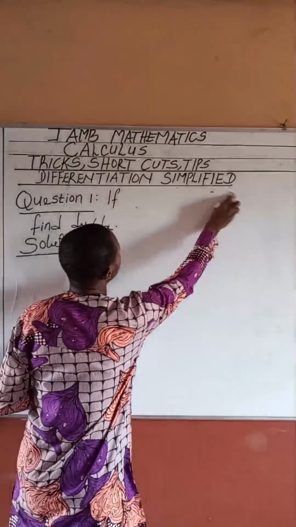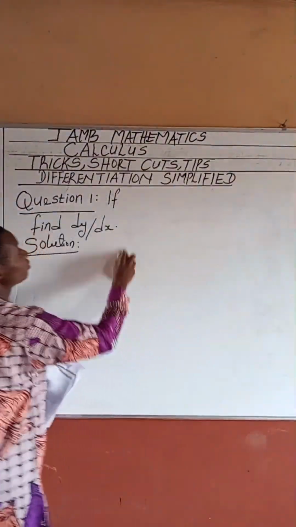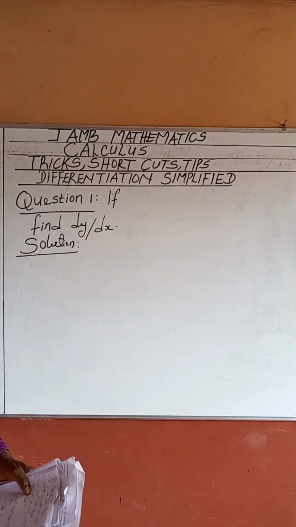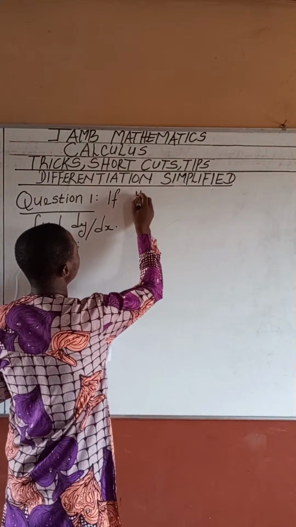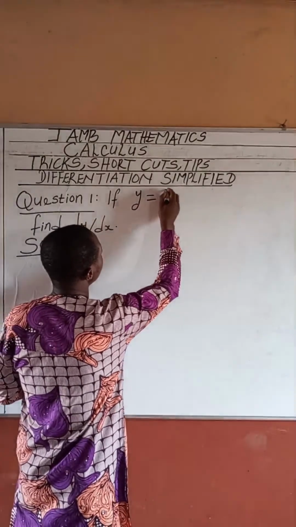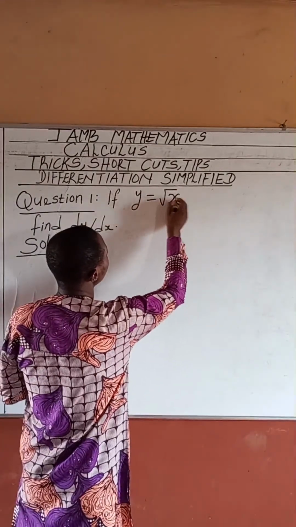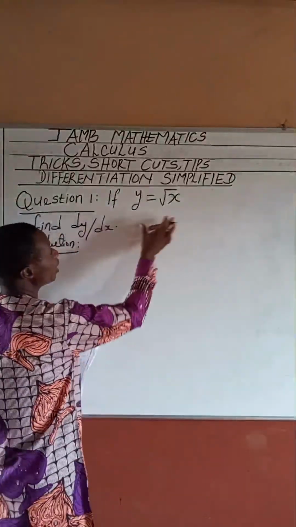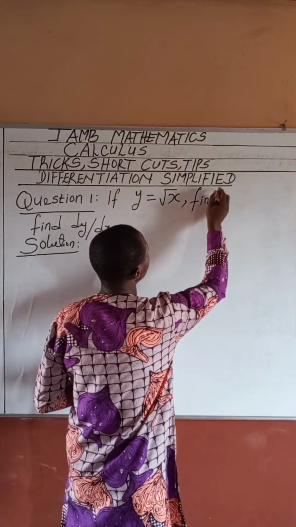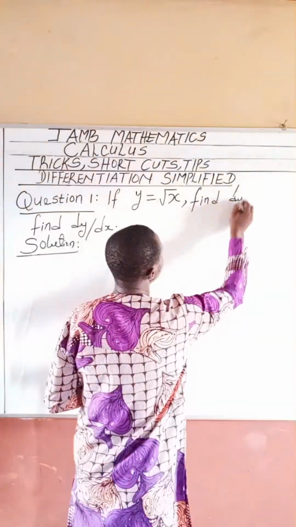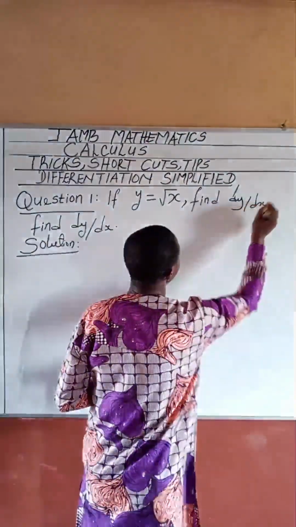In this case, the question usually comes in the form of if, or derivative. If y is equals to the square root of x, find dy dx.